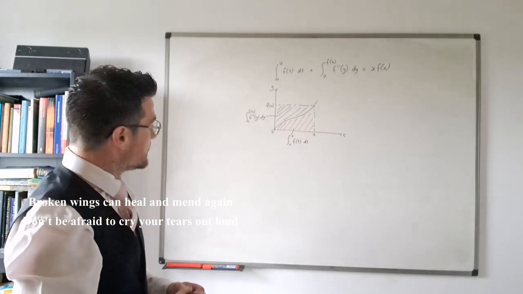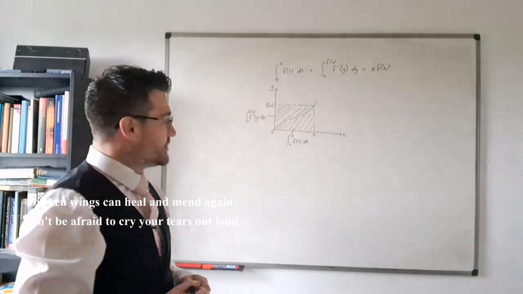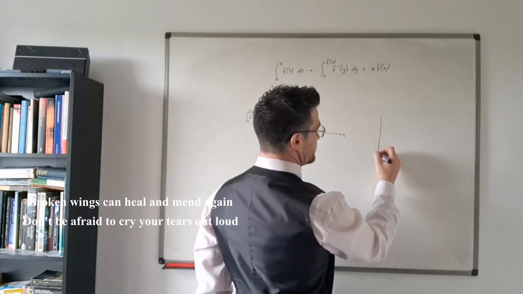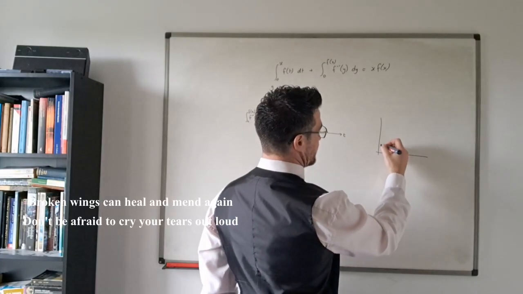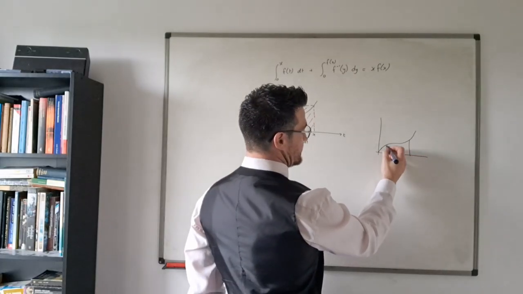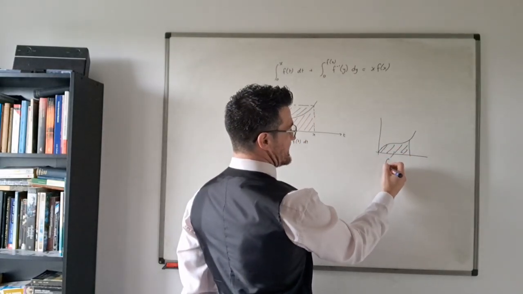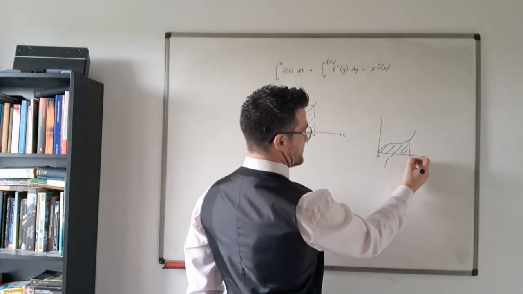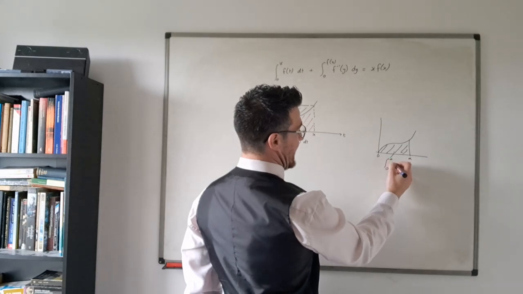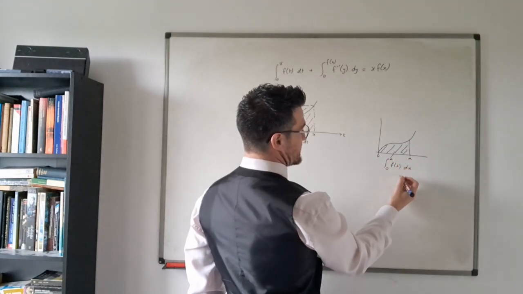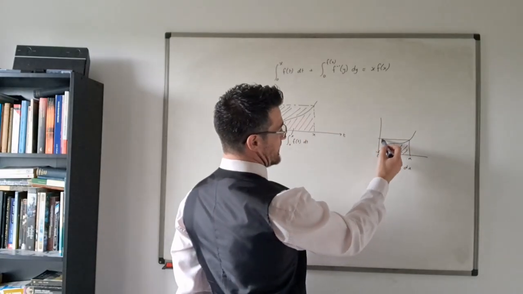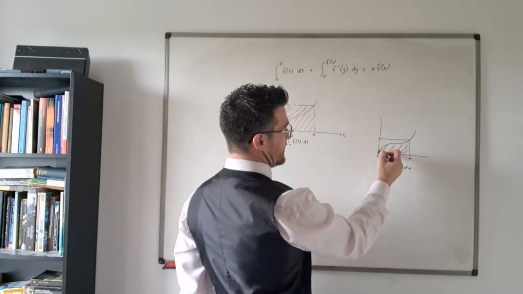Compare this to what you normally do with integration. You'd normally denote this as the integral from 0 to a, for example, of f of x dx. But if you want to integrate up here, this is like integrating along the y-axis.